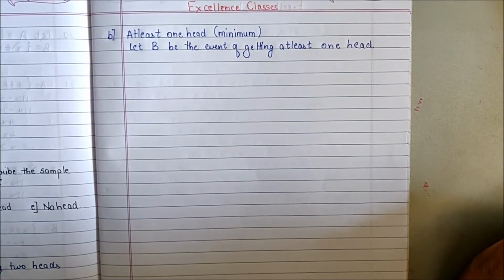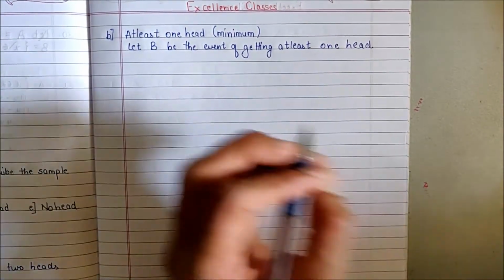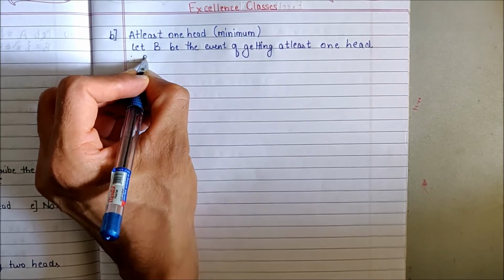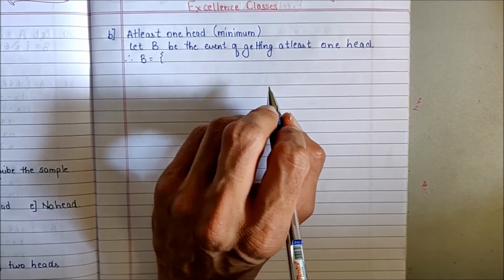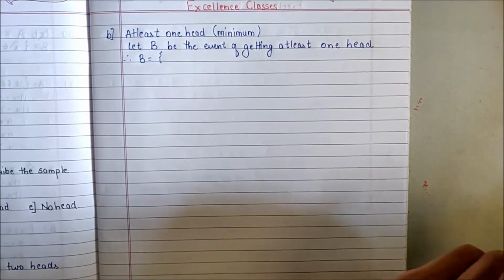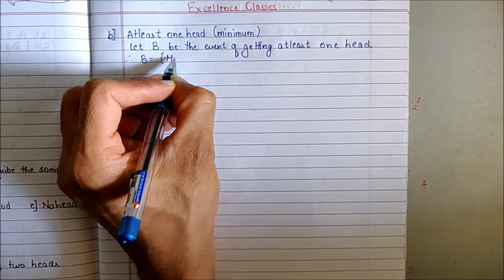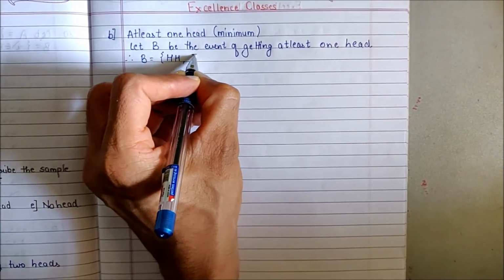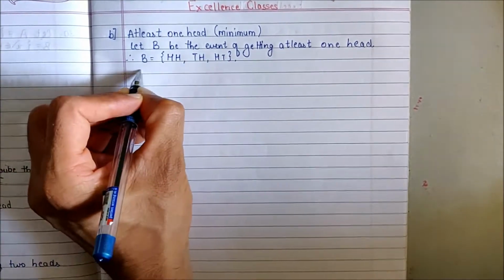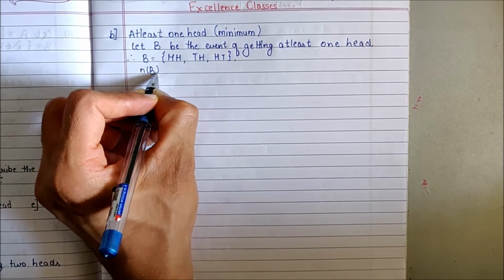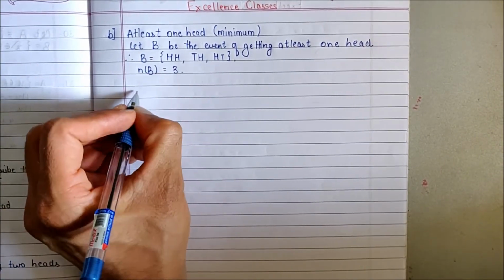Let B be the event of getting at least one head. Therefore the event B is going to be HH, TH and HT, where at least one head is possible. So N of B is going to be 3.